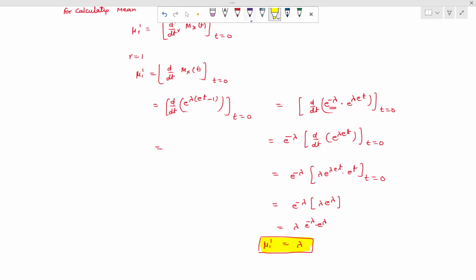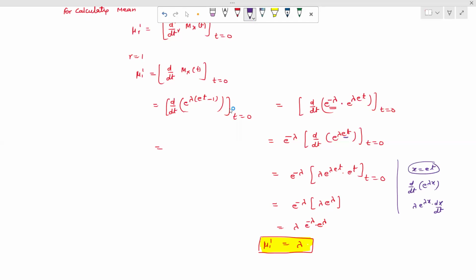If you want to differentiate this in another way, you can take e raised to the power t as x, then differentiate. We assume let x is equal to e raised to the power t, so d over dt of e raised to the power lambda x gives lambda e raised to the power lambda x into dx upon dt, and dx upon dt is e raised to the power t.